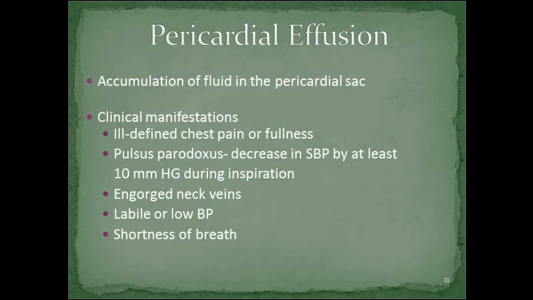Chest pain, fullness, you're going to see pulsus paradoxus. That is characterized by a decrease in the systolic blood pressure by at least 10 millimeters during inspiration. So as the patient inhales, the blood pressure drops, and then as they exhale, it immediately goes back up. So that's that pulsus paradoxus, okay?